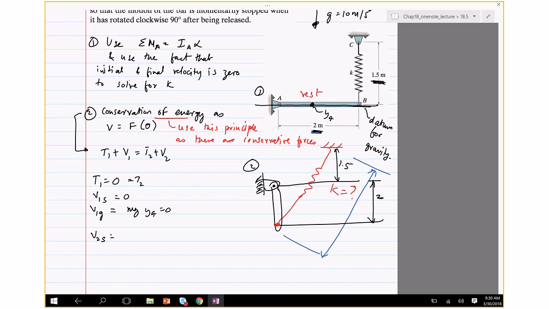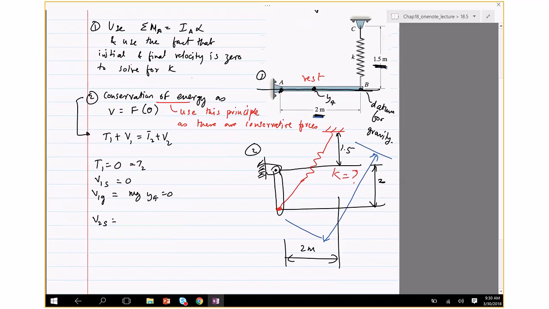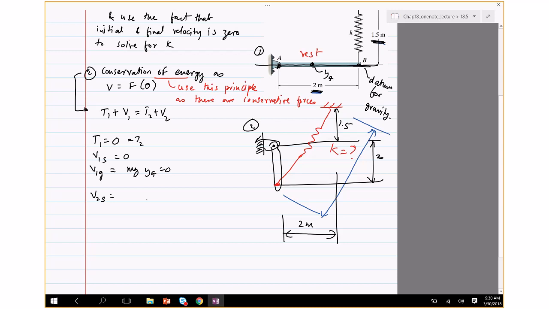I also know the distance from A to B, which is 2 meters. So the spring length is the square root of 3.5 squared plus 2 squared, by Pythagoras' theorem.